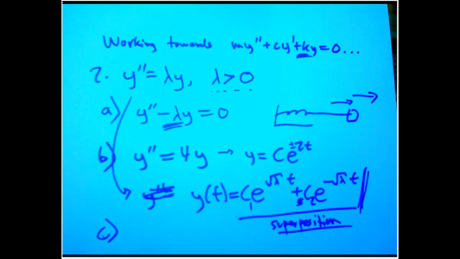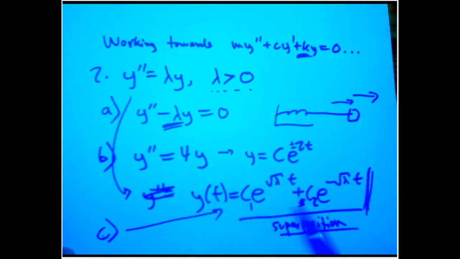So that's the answer to C. Can we make a more complicated solution just out of these building blocks? And of course we can, and it's wonderful. But it's really because of the linearity. So what that allows us to do, we've got two undetermined constants. That should match two initial conditions, as I was mentioning before, maybe in the first video.